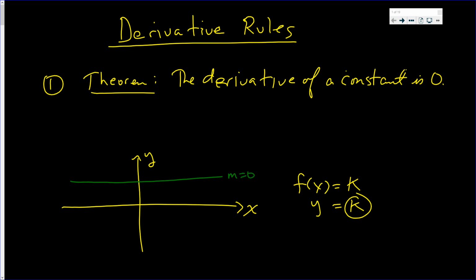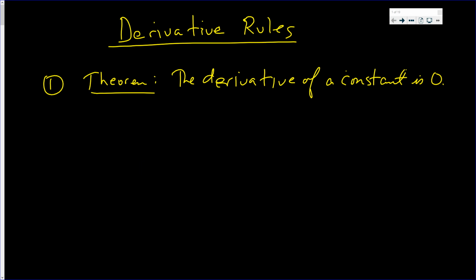If you were to pick this point and draw the tangent line, it would have the same slope as the green line, y equals k. If you pick this point and draw the tangent line, it'll be the same line. The slope is 0. The derivative of a constant is 0.